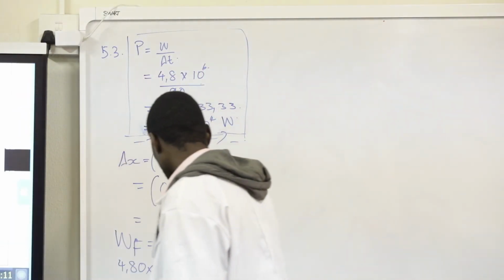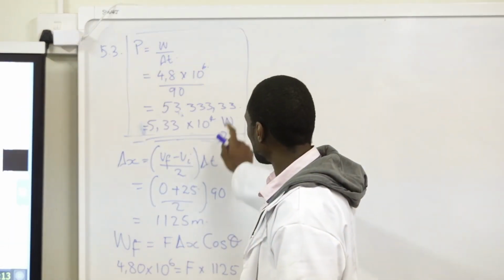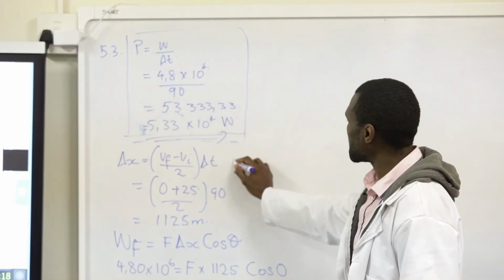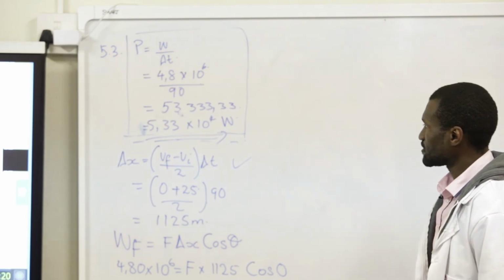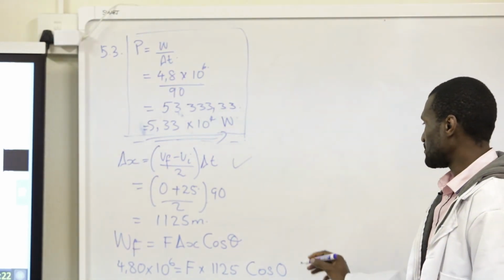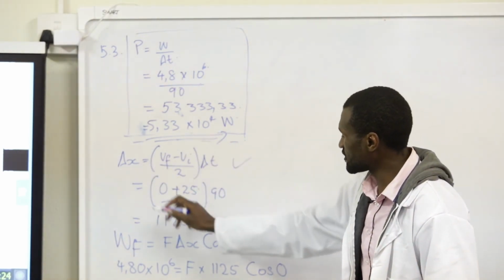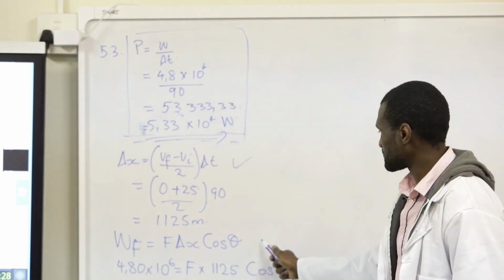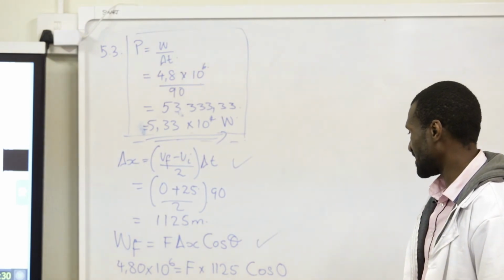Using a different method now here to find the same value. But what have we done? We've been able to revise an aspect of Newton's law of motion, equations of motion. We've been able to revise work done, all right?